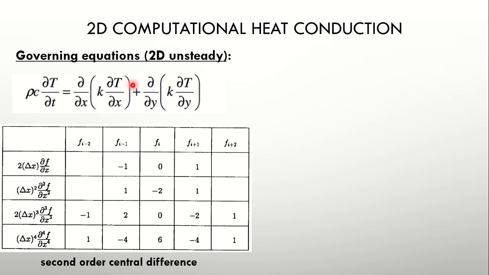Now sorry, for ∂²T/∂x², and that is the way in which you convert this ∂²T/∂x² into T of i plus 1, T of i minus 1, something like that. Okay, so in whatever grid you are taking, you can use this particular formulation for ∂²T/∂x².